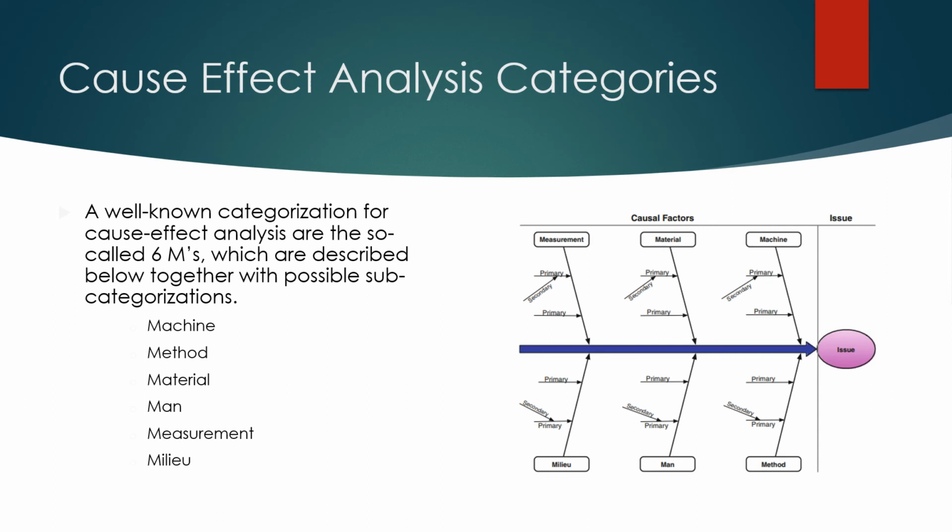Measurement, factors related to measurements or calculations made during the process. In the context of an insurance claim, an example of such a factor is one where the amount to be paid to the customer is miscalculated due to an inaccurate estimation of the damages being claimed. Milieu, the factors stemming from the environment in which the process is executed, for example, factors originating from the customer, suppliers, or other external factors.